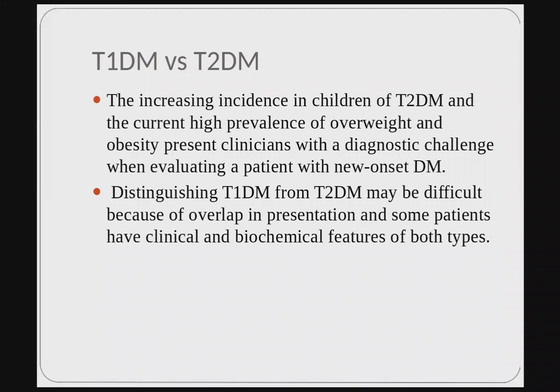And measuring the pancreatic autoantibodies at the time of diagnosis will go a long way in distinguishing type 1 from type 2 in obese patients, as autoantibodies are seen in type 1 diabetes mellitus and are rarely seen in type 2 diabetes mellitus.